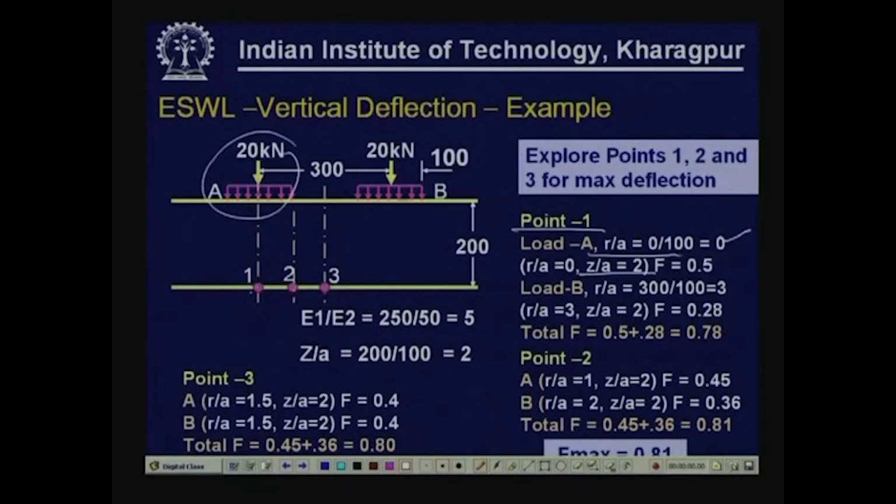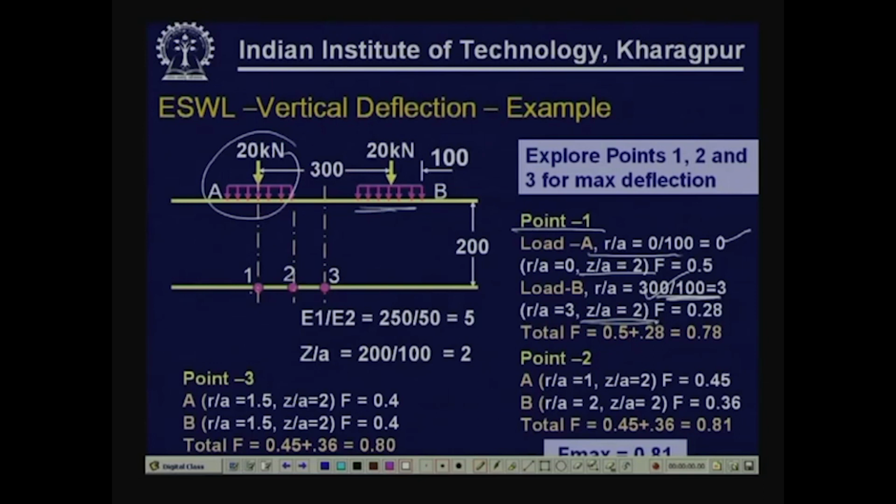We know R by A, Z by A. Similarly, the deflection that is produced at this location by load B can also be worked out by the corresponding radial distance and the depth for this point, and for this load the radial distance is 300 millimeter. So, that is 300 by 100, that is 3. Z by A is the same ratio as we have here.